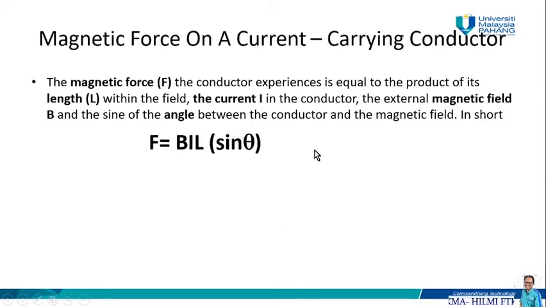In short, the magnetic force F is equal to B, the magnetic flux density, times I, the current, times L, the length within the field, times sine theta, where theta is the angle between the conductor and the magnetic field.